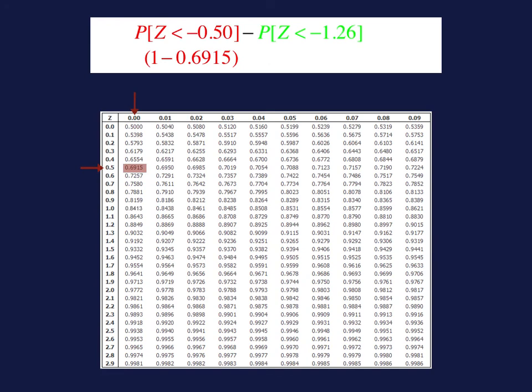And the same trick with negative 1.26. 1.26 has an area of 0.8962. Subtract that from 1. And we get an overall answer of 0.2047.